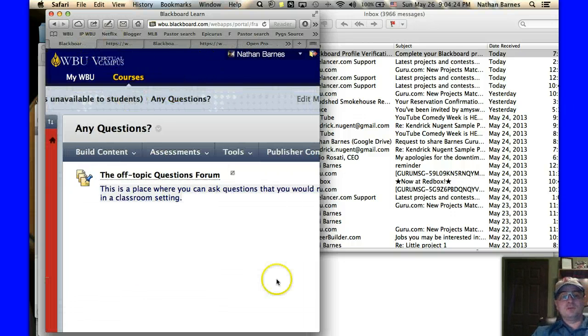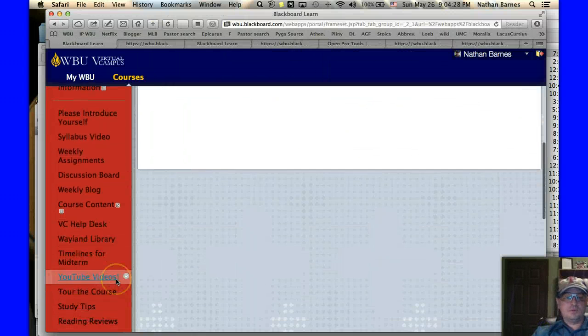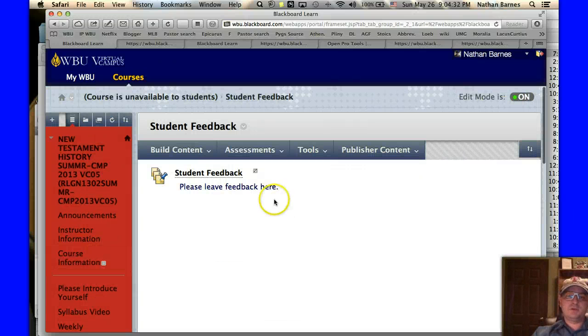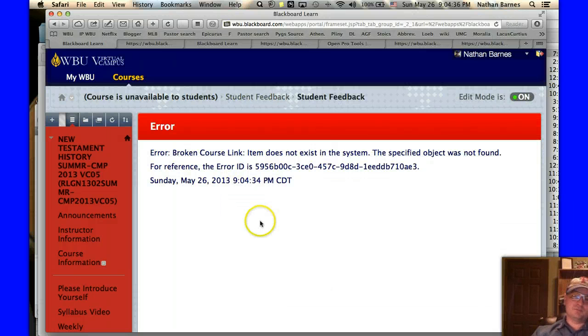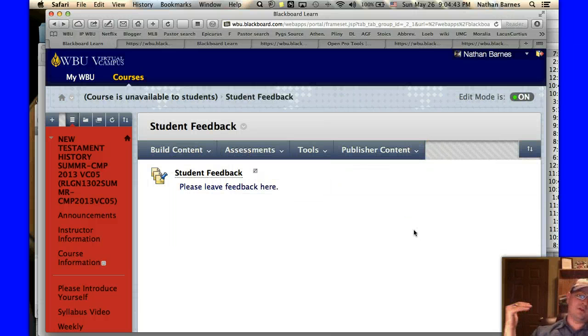I also have a student feedback area. I love having feedback. It helps. You just click on the student feedback. Of course, it's broken like everything else. But you click on student feedback, and it'll have an area for you to ask questions, make comments.